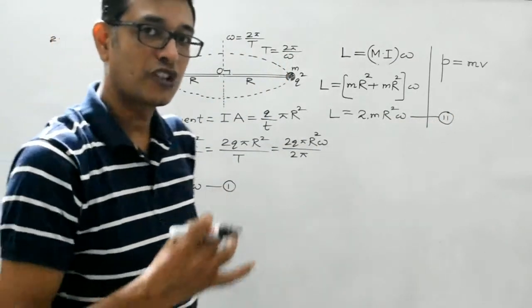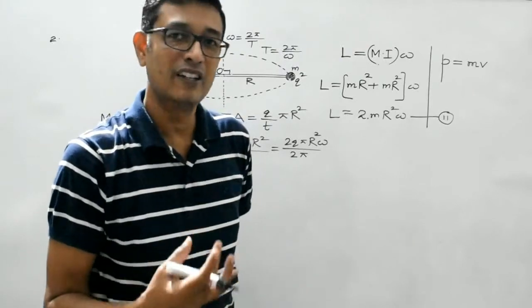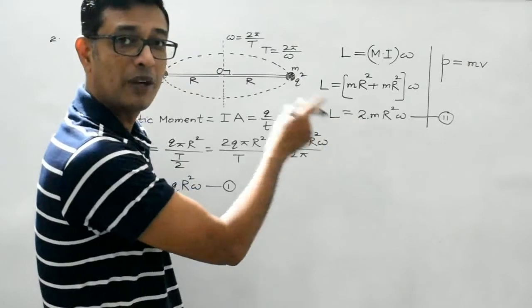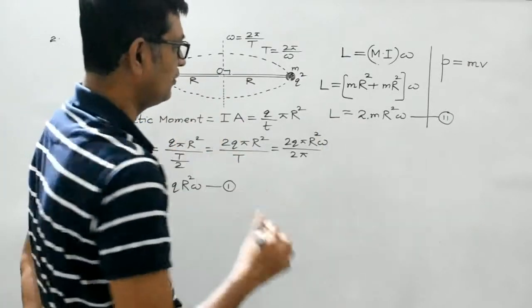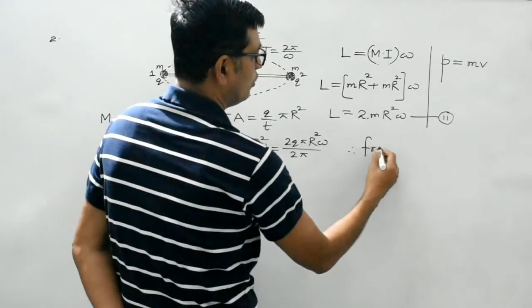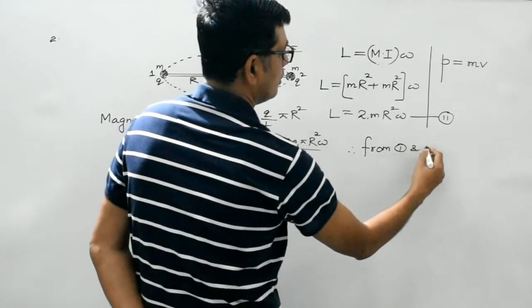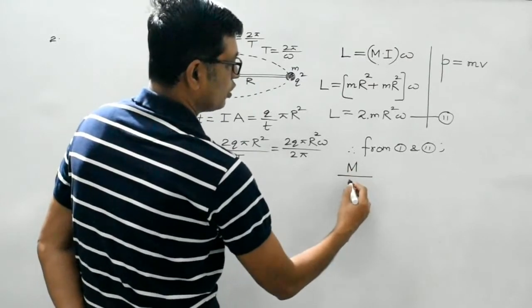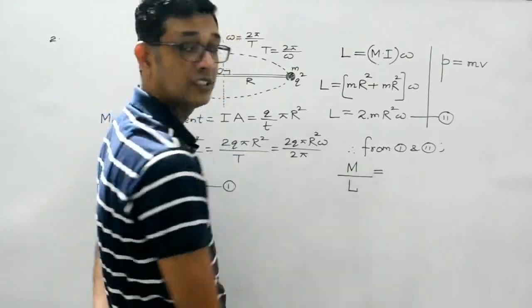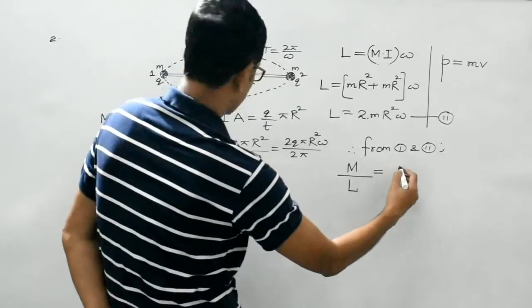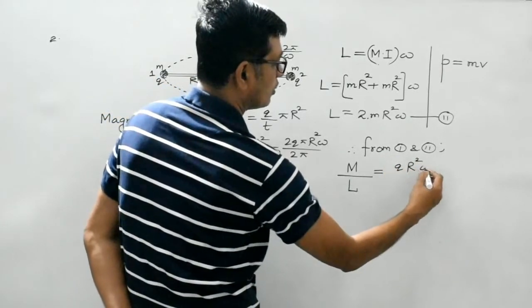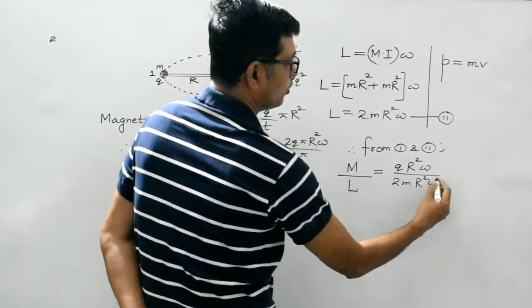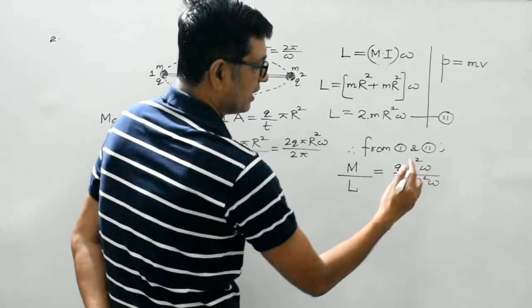Now, as per the question, we are supposed to find the ratio of the magnetic moment to the angular momentum of this particular system. Therefore, from 1 and 2, the ratio of the magnetic moment to the angular momentum of the system is, let's substitute the values, q r square omega divided by twice m r square omega. r square omega gets cancelled.